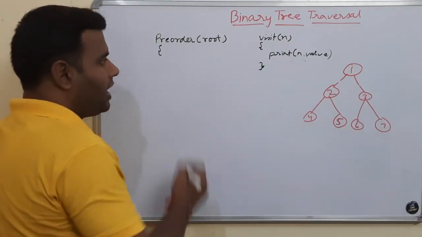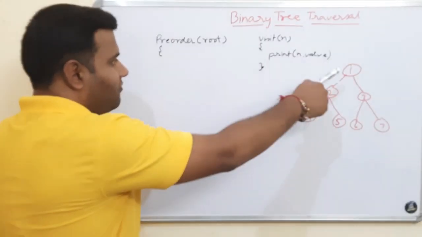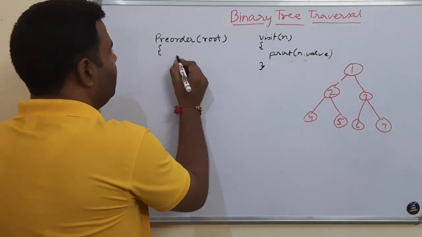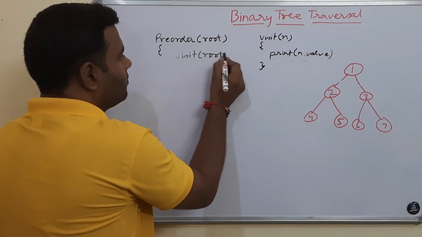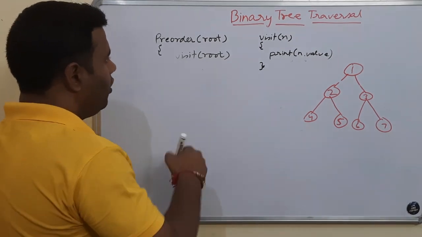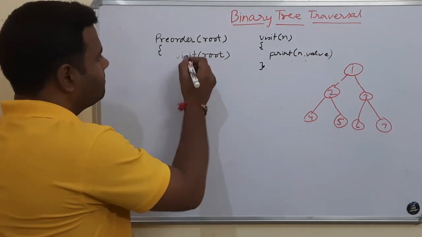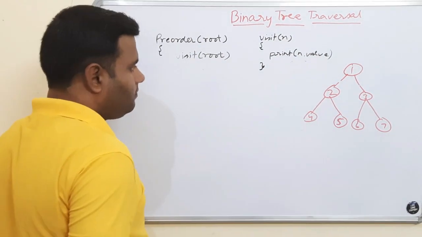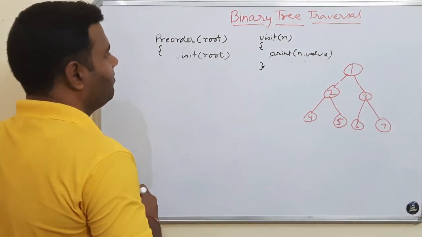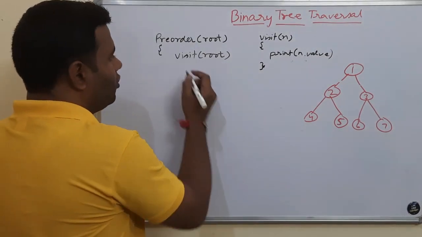So in preorder, what happens? We have to visit first the root. So we will visit this root. Now let's say we want to visit our left child. So what we have to do is the left subtree.